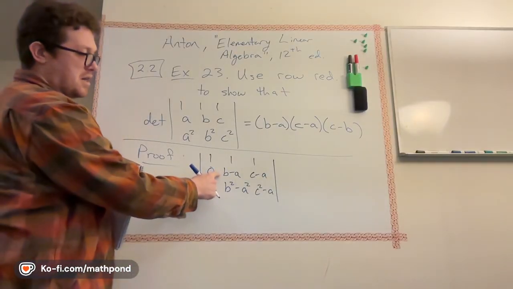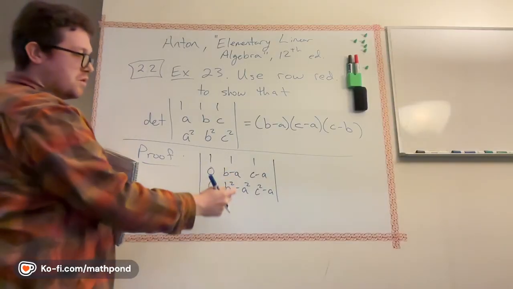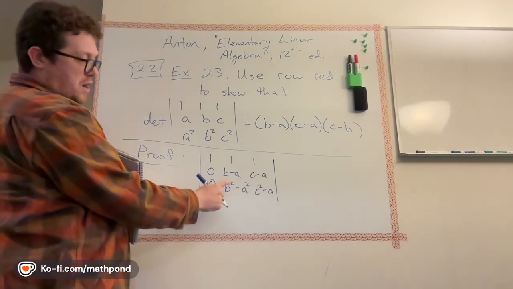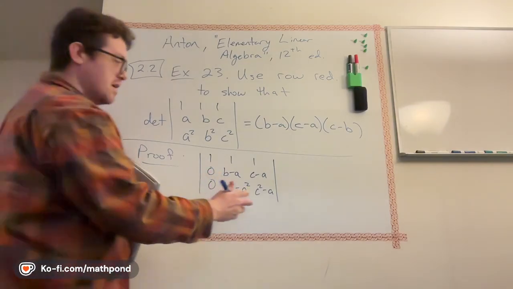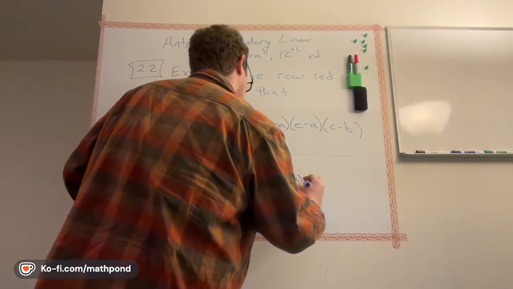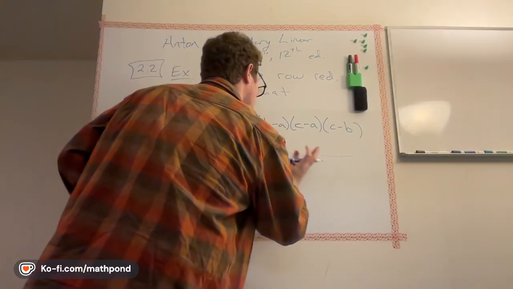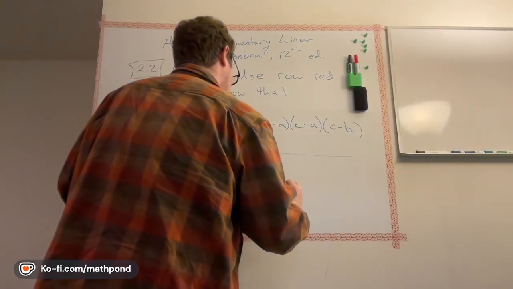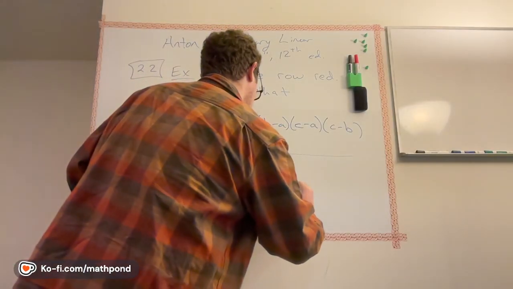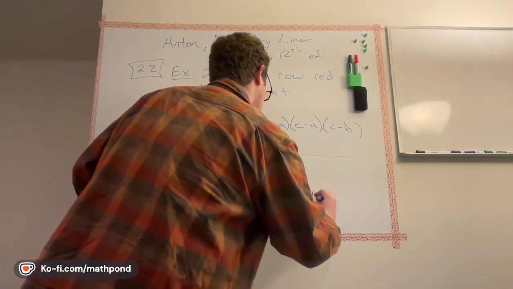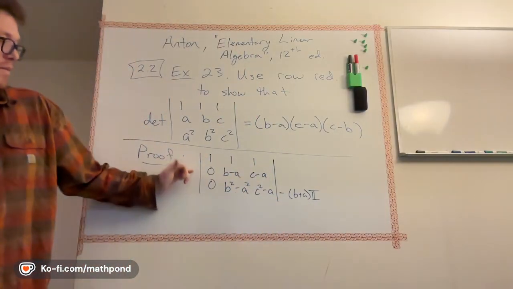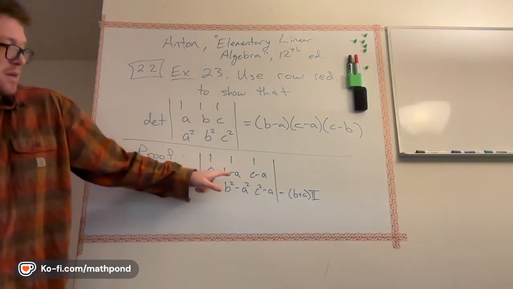So now we're going to continue. I'm going to take the second row and multiply it. I want to get a difference of squares, so I want to subtract b plus a times the second row, because then we'll have b minus a times b plus a.